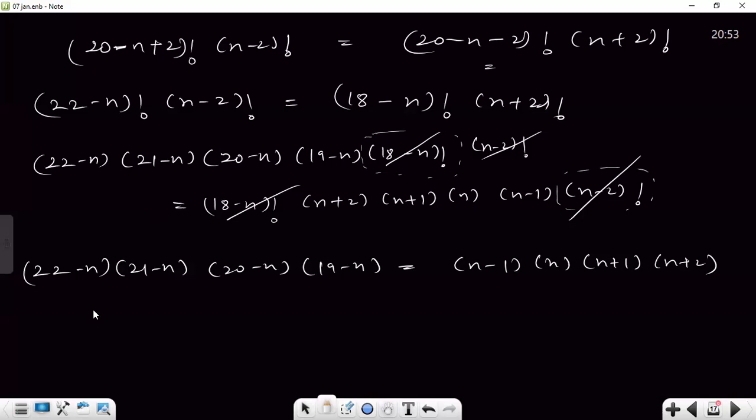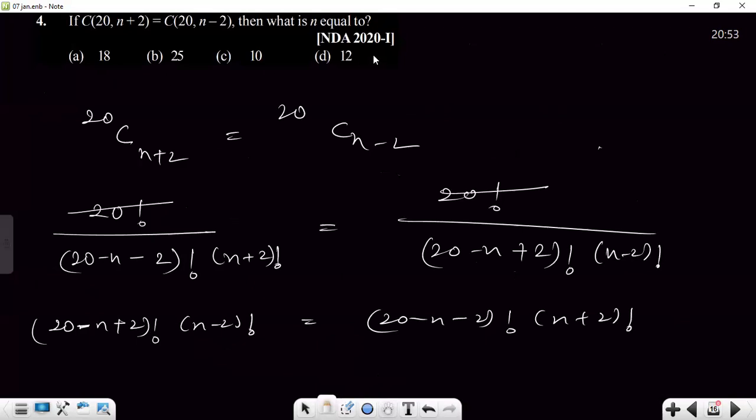There are four consecutive terms on the left hand side and four consecutive terms on the right hand side, so that number should be somewhere in the tens. That is the feel we get after reading the numbers.